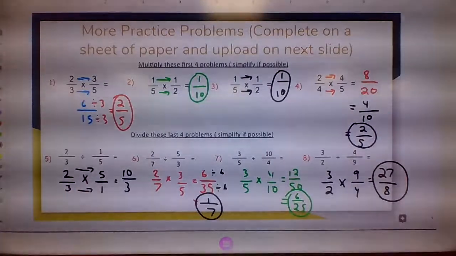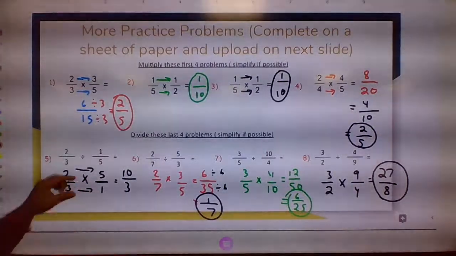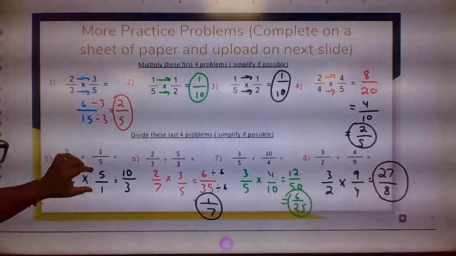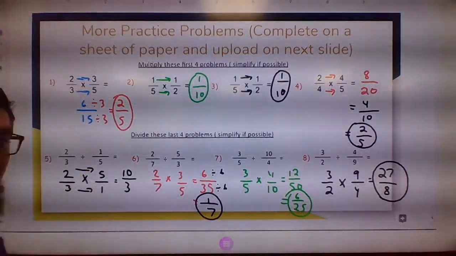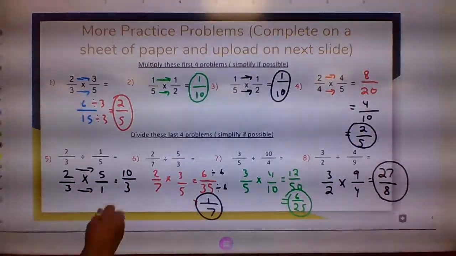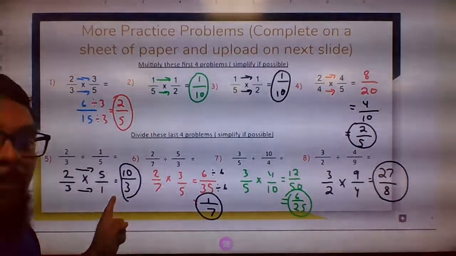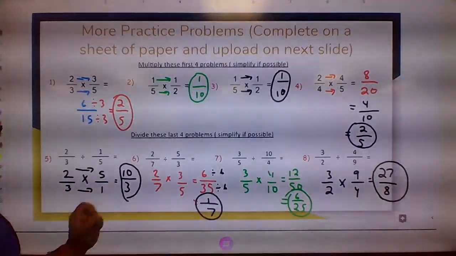So 2/3, change it to multiplication, and 1/5 becomes 5/1. It's flipped, it's the reciprocal, and then your answer is going to be 10/3. If you're going to leave it like that, just leave it. It's already simplified. I know this is an improper fraction, but we're going to leave it like that for now.